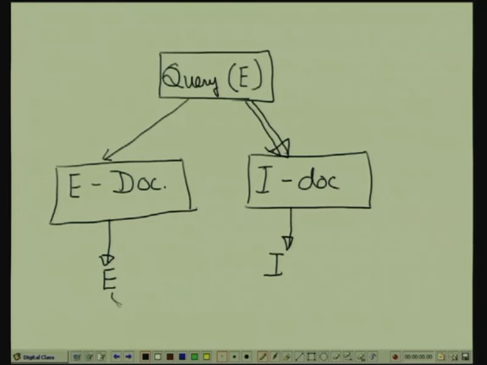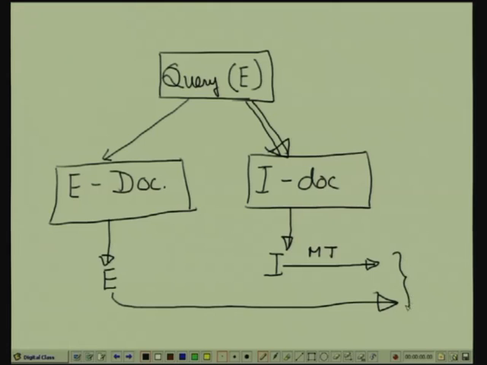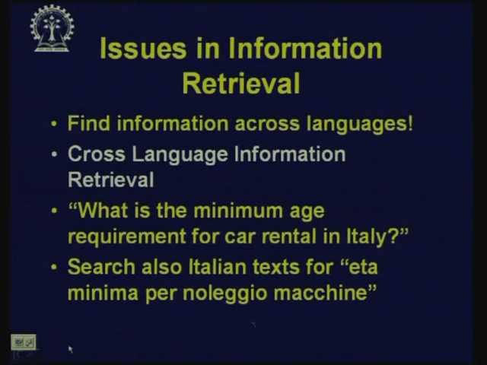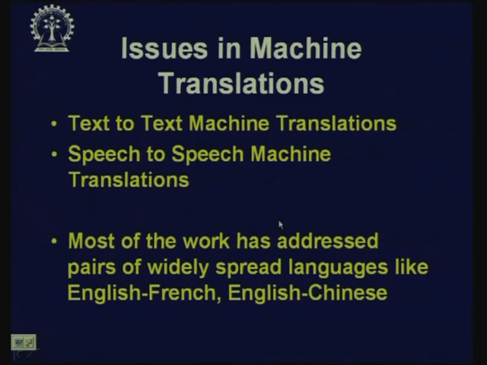Now, my answer should be these English documents, and these Italian documents will require to be translated. MT means machine translation, and ultimately I want to have the answers in English, because I know only English. This is cross language information retrieval. Okay. So, we will have to convert this to some Italian texts in order to do this sort of translation.